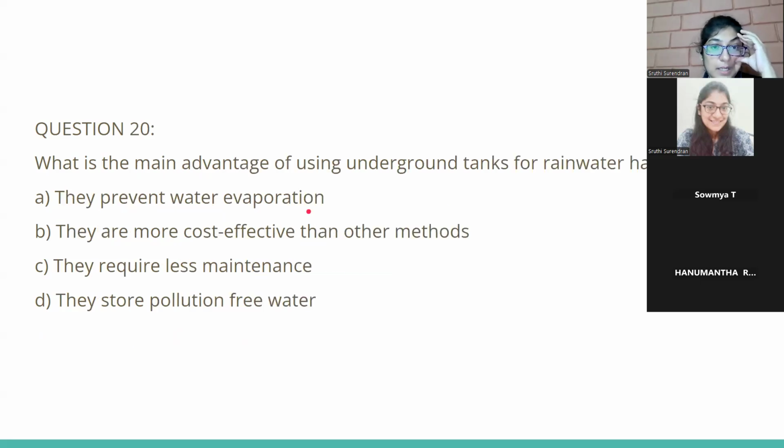What is the main advantage of using underground tanks for rainwater harvesting?